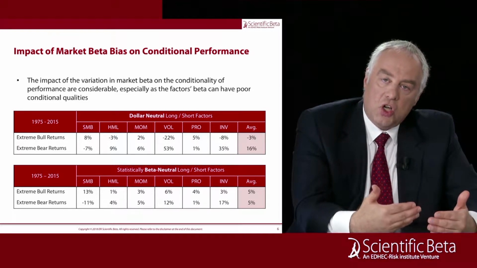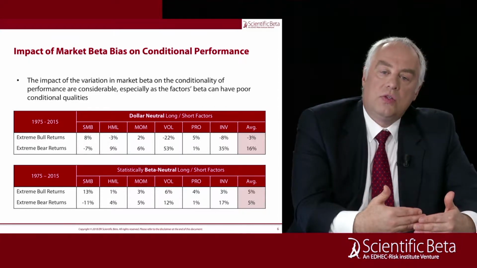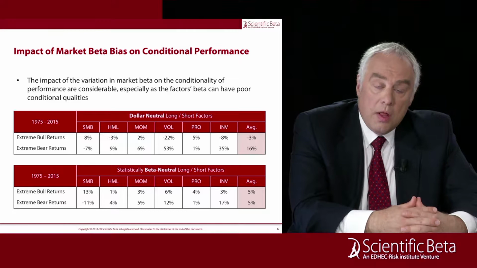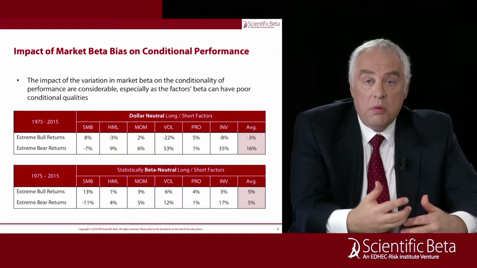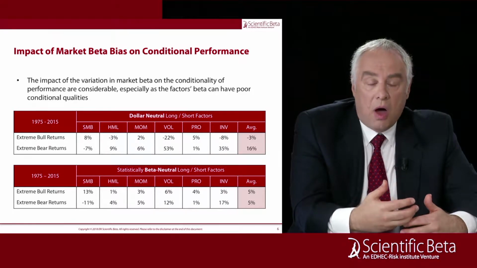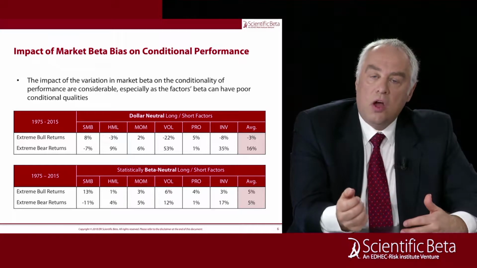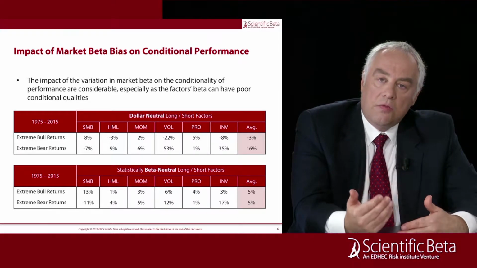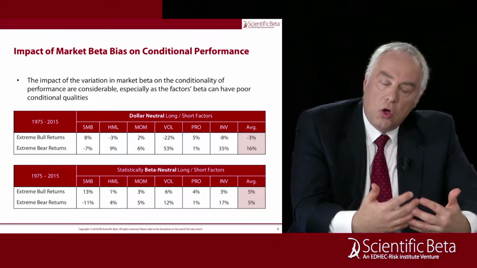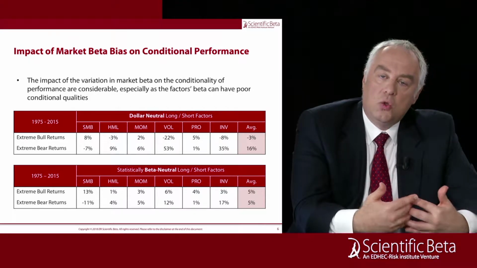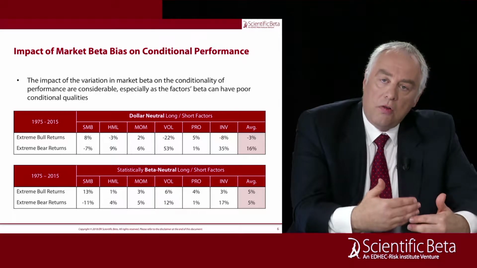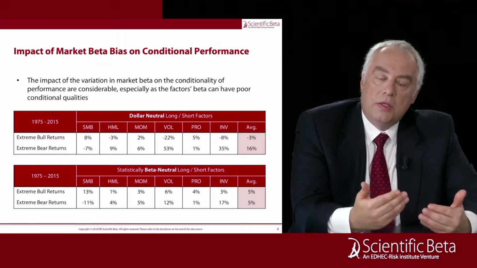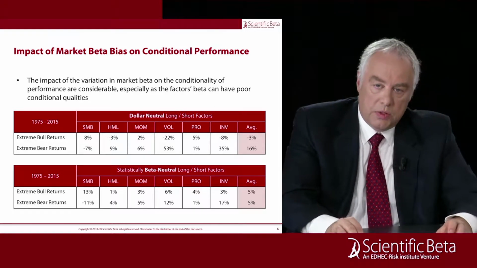So if we actually adjust the strategies to have a 0 market beta, what we observe in the table below is that the actual factor premia that are delivered are quite stable and quite steady over time once you adjust for the market premium. And we see on the far right-hand side, you get just as good a performance in a bull market as you do in a bear market. And a lot of the variability that we showed earlier is simply driven by these market beta biases.